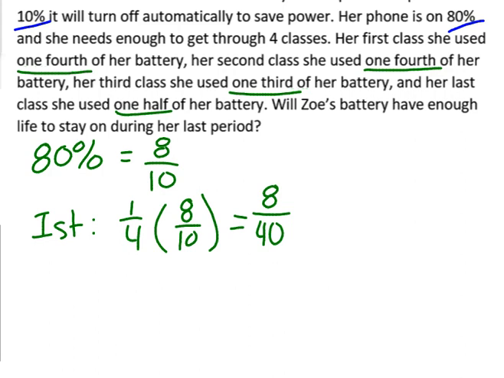So let's reduce that down. This is going to be equal to 1/5. So now we're going to need to subtract 1/5 of the battery from the original amount.